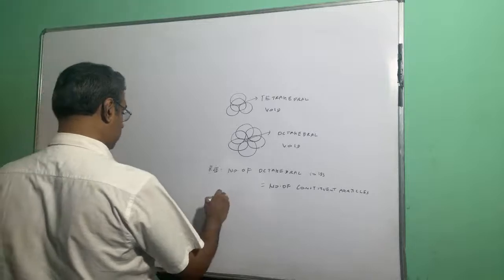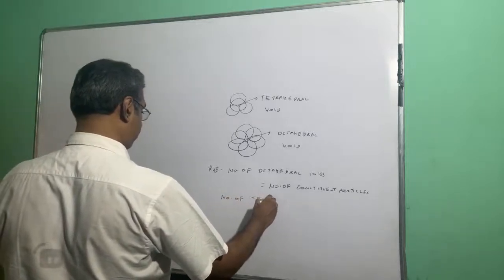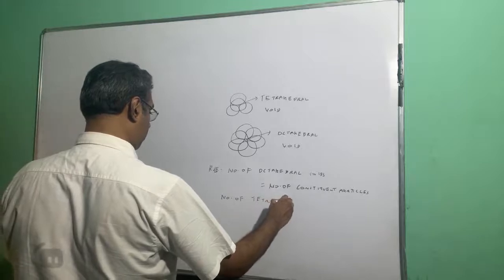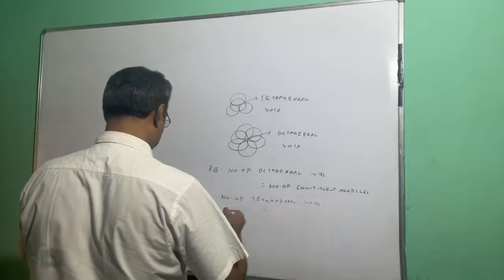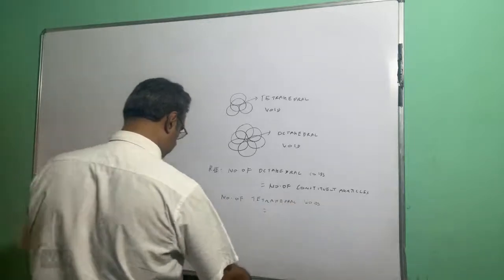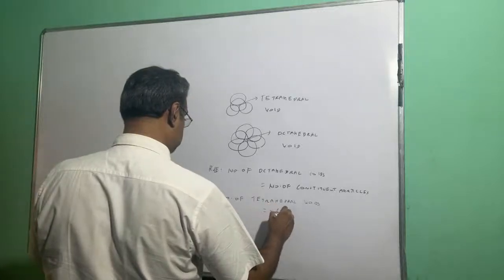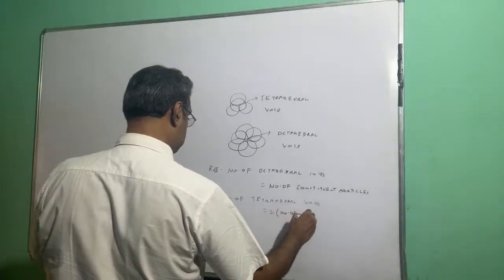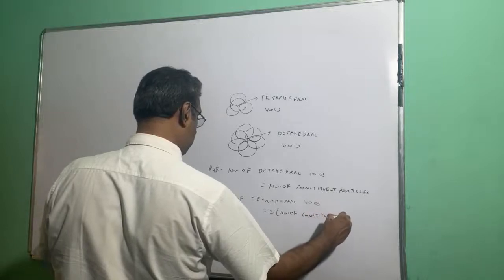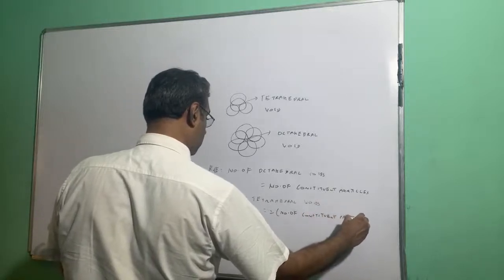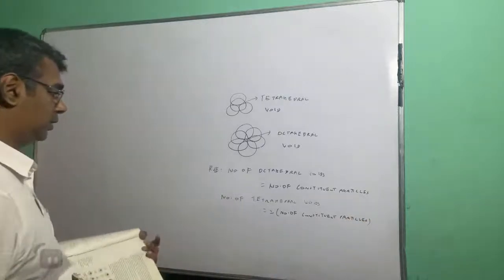That is rule number 1. And the second rule is that the number of tetrahedral voids is equal to twice the number of constituent particles.